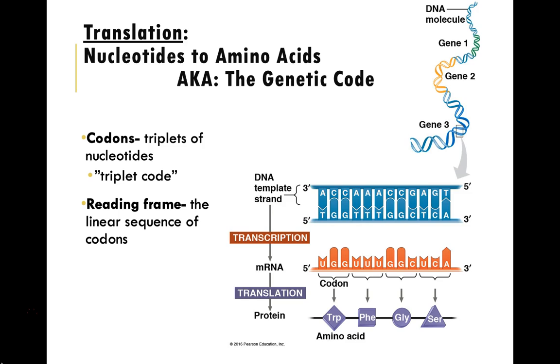You've removed a letter from the situation and you shifted your reading frame. So the reading frame is really important because it sets the specific sequence of amino acids for that gene. And if you have the wrong set of amino acids, you're probably going to have a dysfunctional protein, or at least a protein that's not doing what you need it to do in the cell at that time.